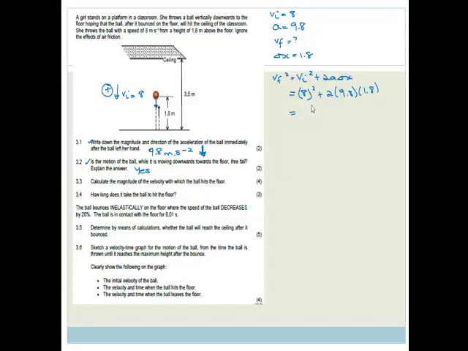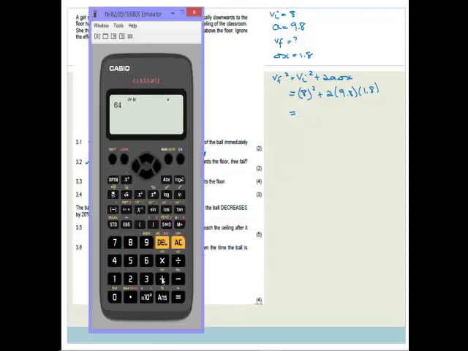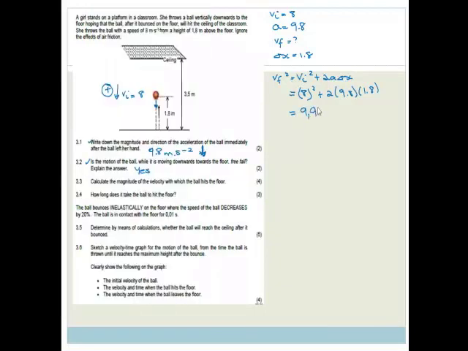We're going to use our calculator. So we've got 64 plus bracket 2 times 9.8 times 1.8 close bracket equals, and then we're going to square root the answer, and it equals 9,96. So that's 9,96 meters per second, and it just asks for the magnitude, so you do not need to write downwards.